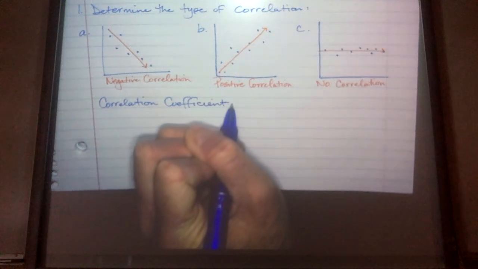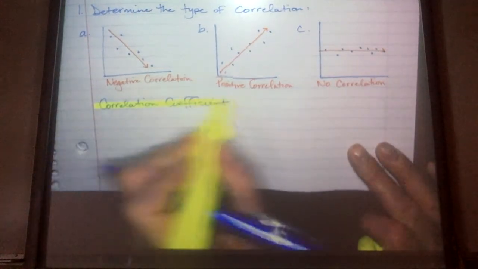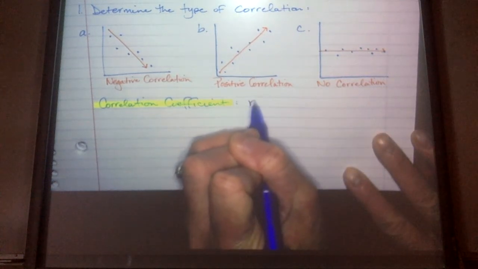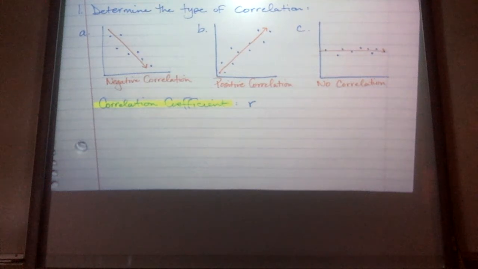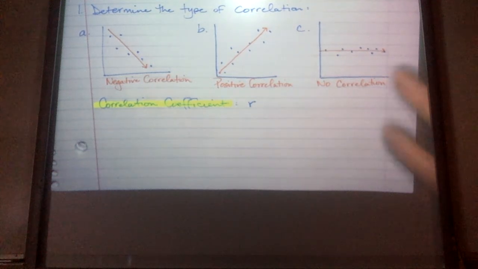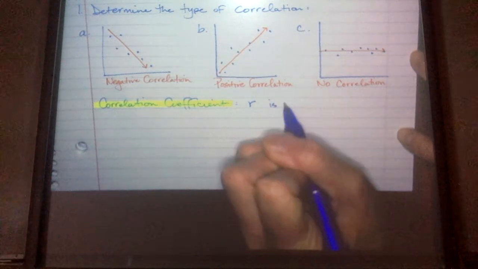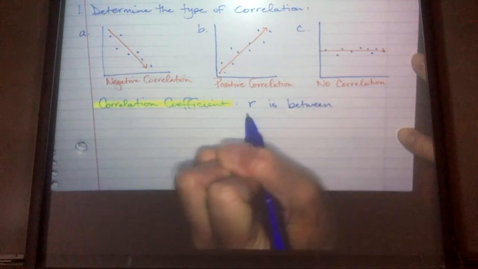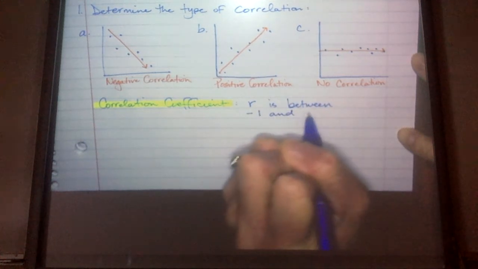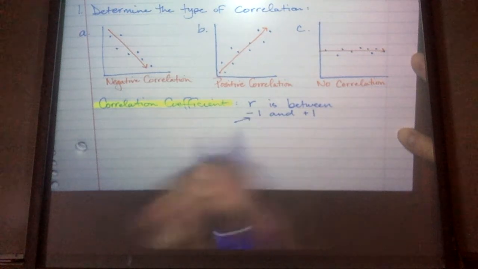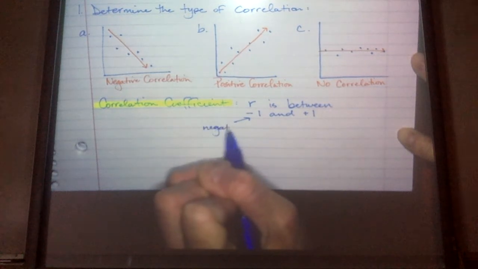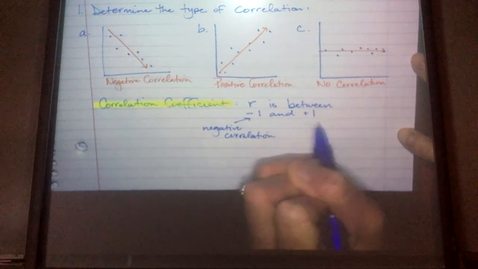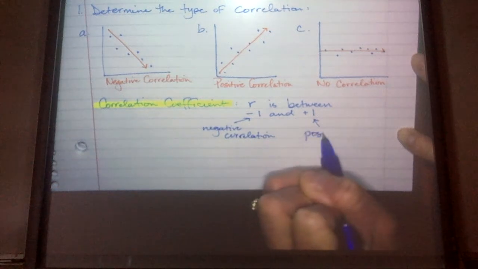So correlation coefficient, we can actually calculate the actual correlation of something, and it's going to use the symbol R. Okay, so that's the letter that will be in your calculator and in this book. R represents the correlation coefficient, and R should be between -1 and +1. -1 would represent a negative correlation, right, because it's negative. And the closer you are to +1, that would be a positive correlation.